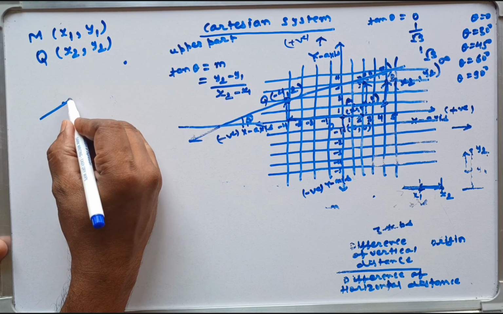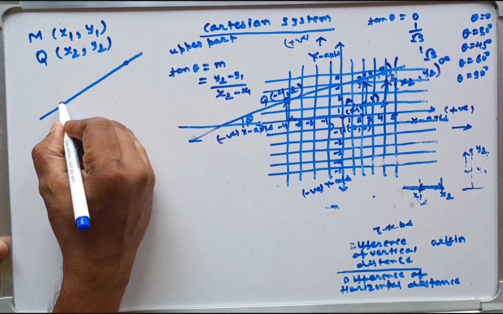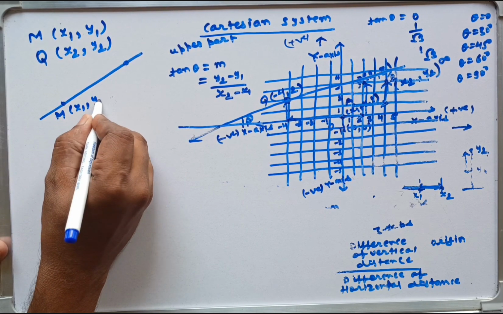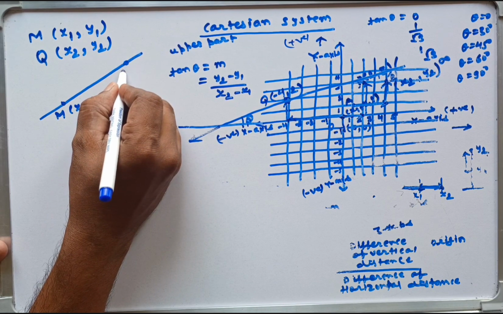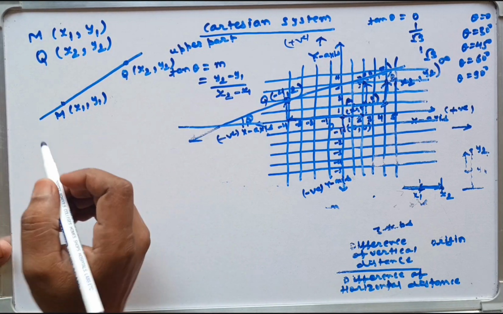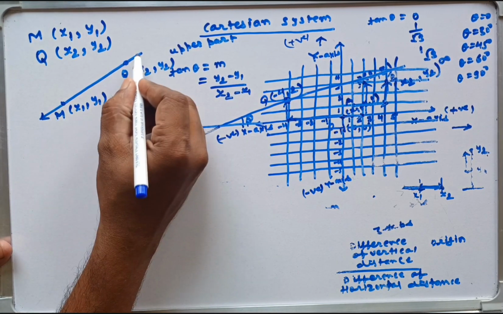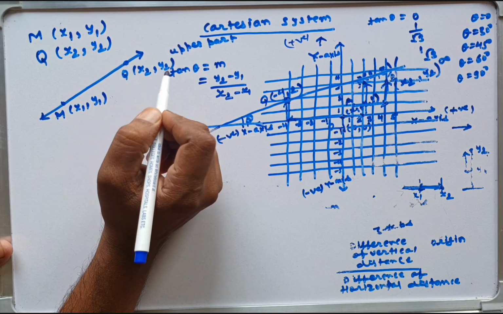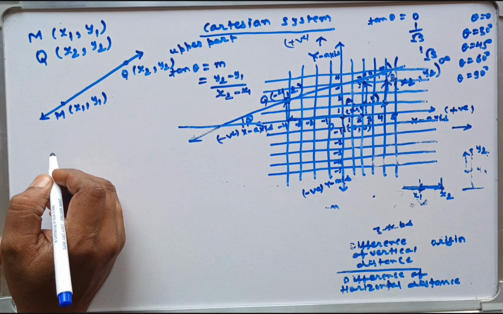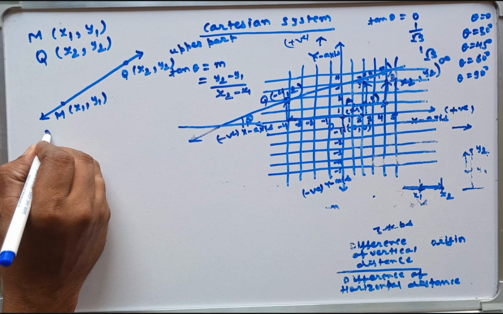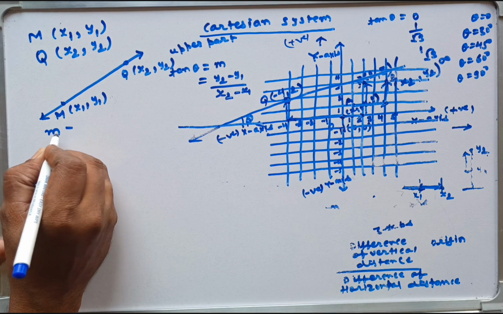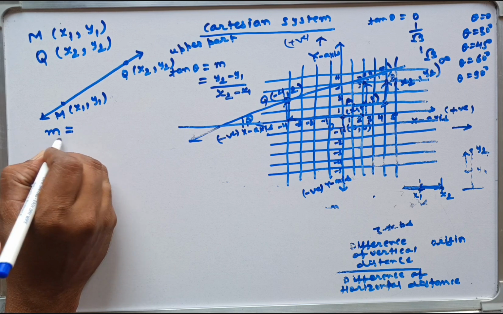So this one is like this. If this point is M (x1, y1), and point Q is here, x2 and y2, then how could you write the equation of this straight line? So guys, what we do in coordinate geometry, first of all we write the value of the gradient, which is denoted by a small m.